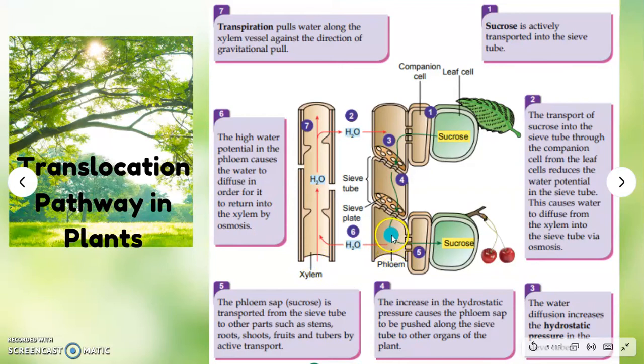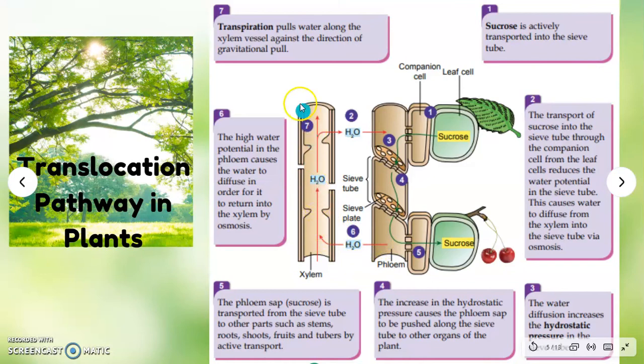When the sucrose enters the other organs, such as the fruit, it will cause a low concentration of sucrose in the sieve tube, and at the same time, it will cause a high water potential in the sieve tube here. And then what happens? It will cause water to diffuse from the sieve tube to the xylem by osmosis. Now the water is returned to the xylem.